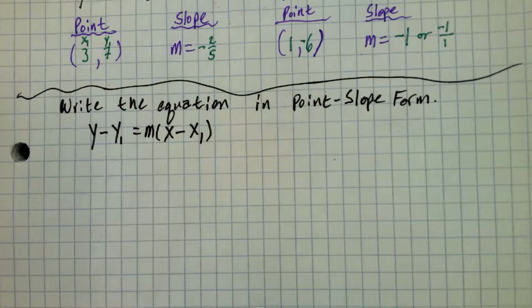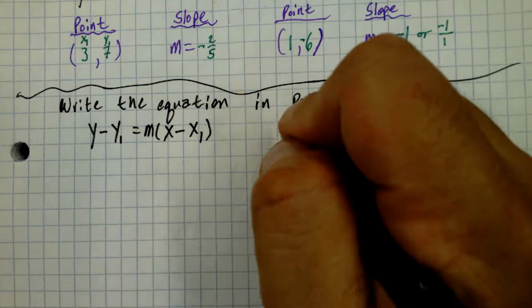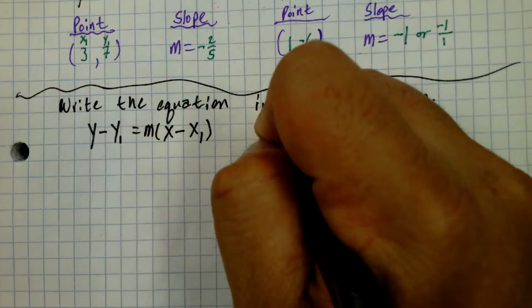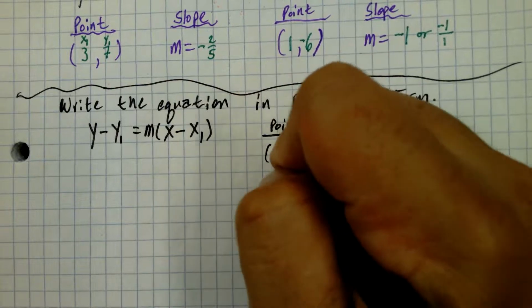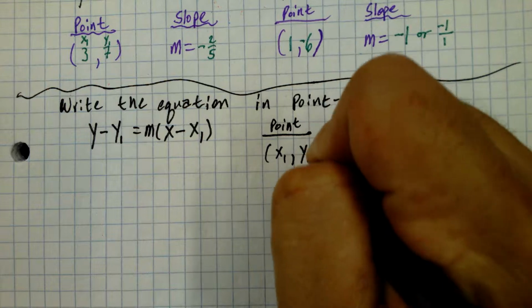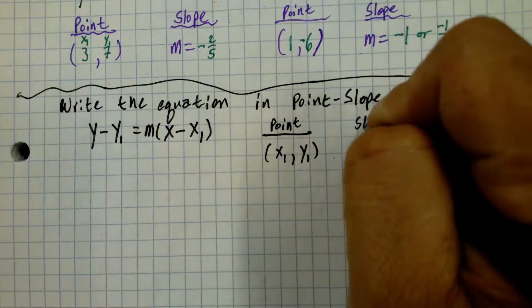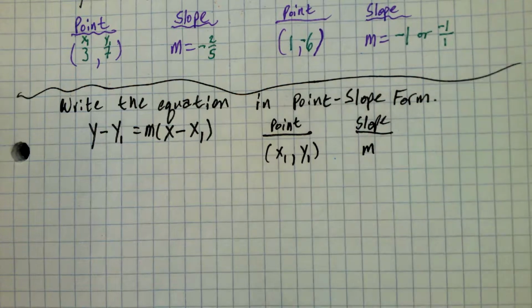And we're going to go ahead and point out that what we need is a point. We'll call it x1 and y1, and a slope. We'll call that m.